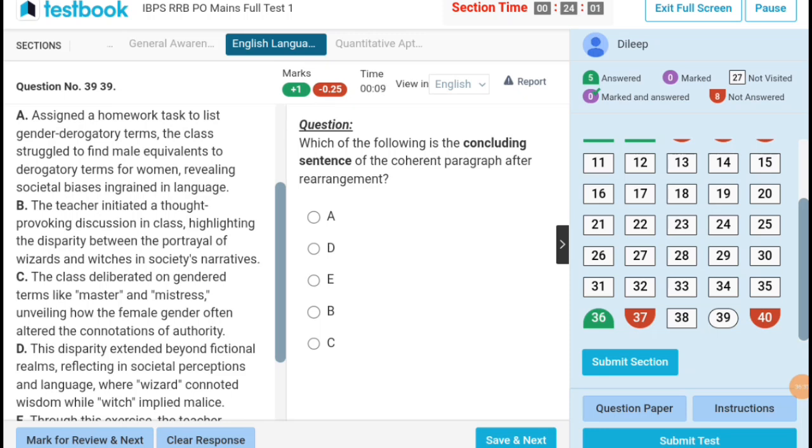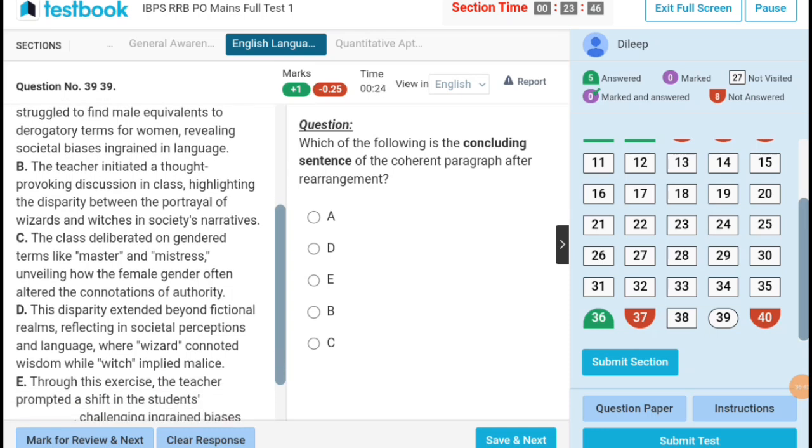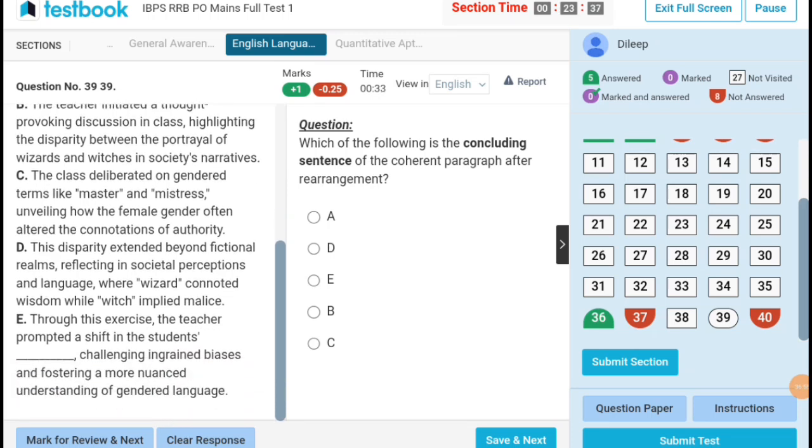The class struggled to find male equivalents to derogatory terms for women, revealing societal biases ingrained in language. Through this exercise, the teacher prompted a shift in the students' perceptions.